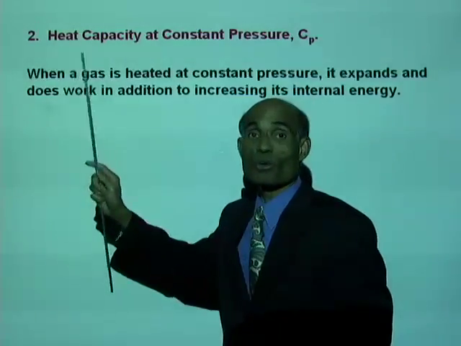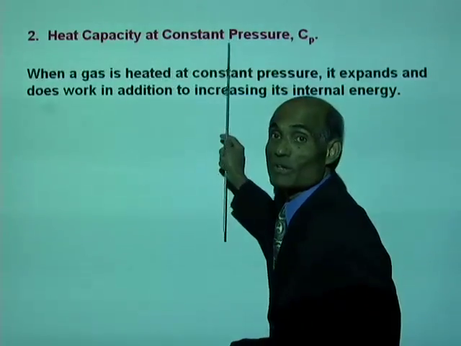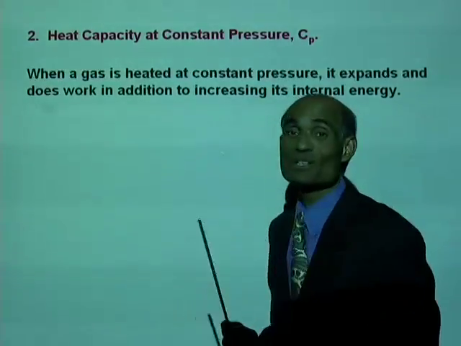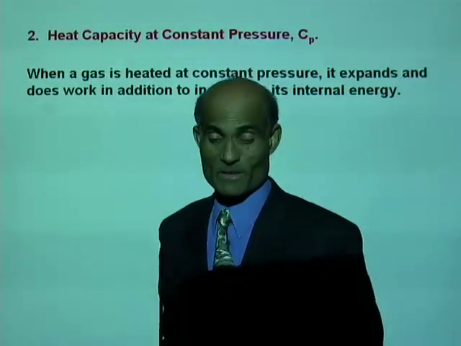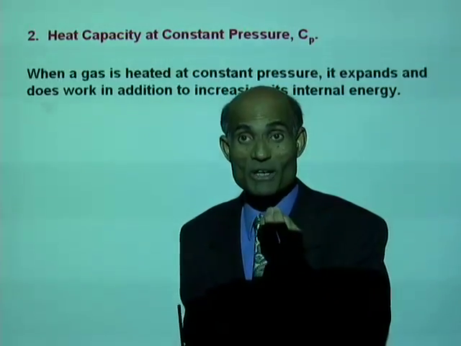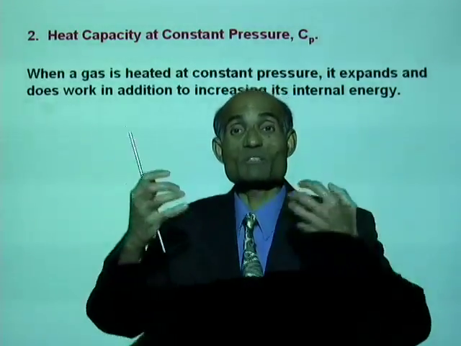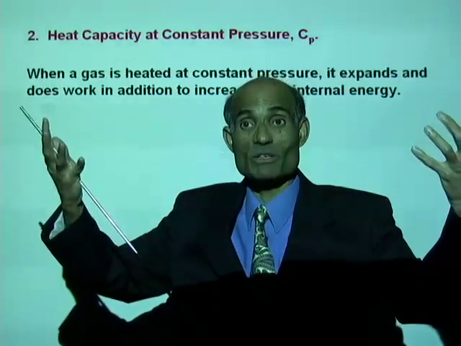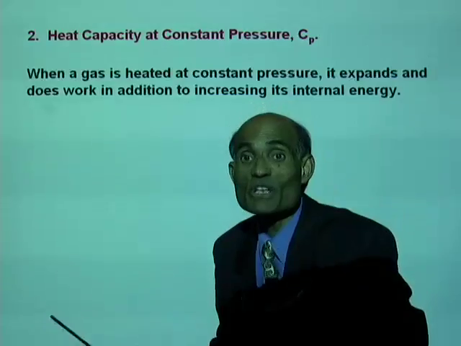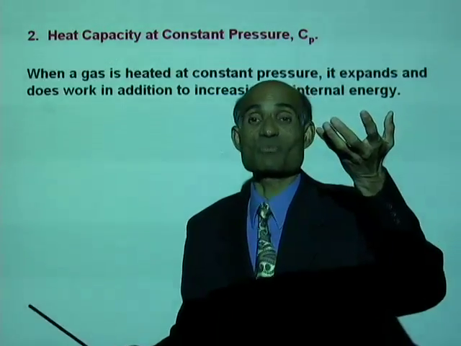Now, before we talk about it, let's discuss heat capacity at constant pressure. When a gas is heated at constant pressure, it expands. It expands means it does work, and in addition to doing work, its internal energy rises as well.